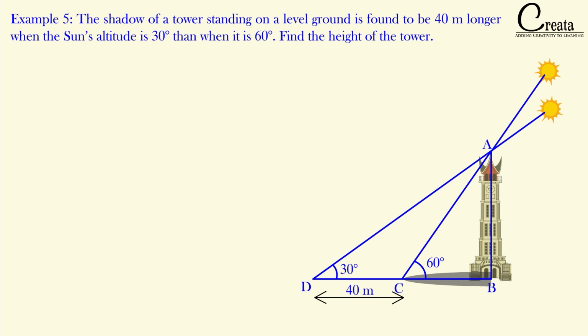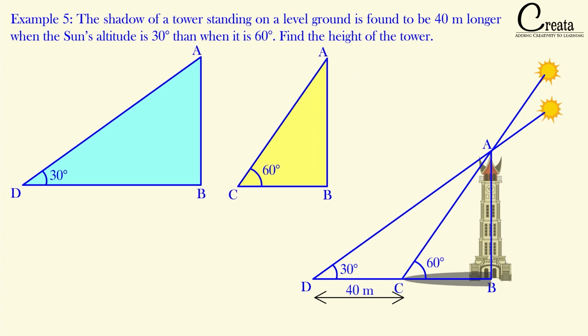Here are you able to observe two triangles? First, the triangle is ADB, the big triangle with the angle as 30 degree. The second triangle is ACB with the angle as 60 degree. For the time being, let's take both the triangles out of the figure.